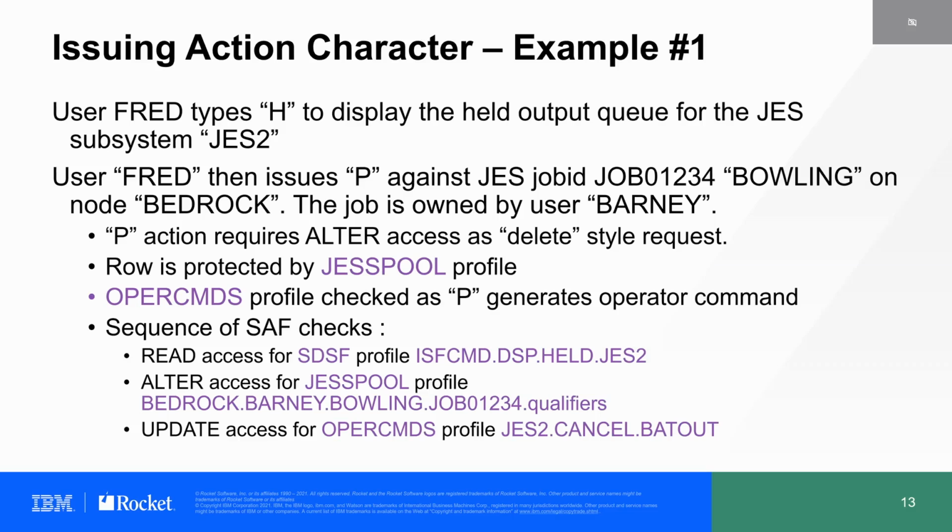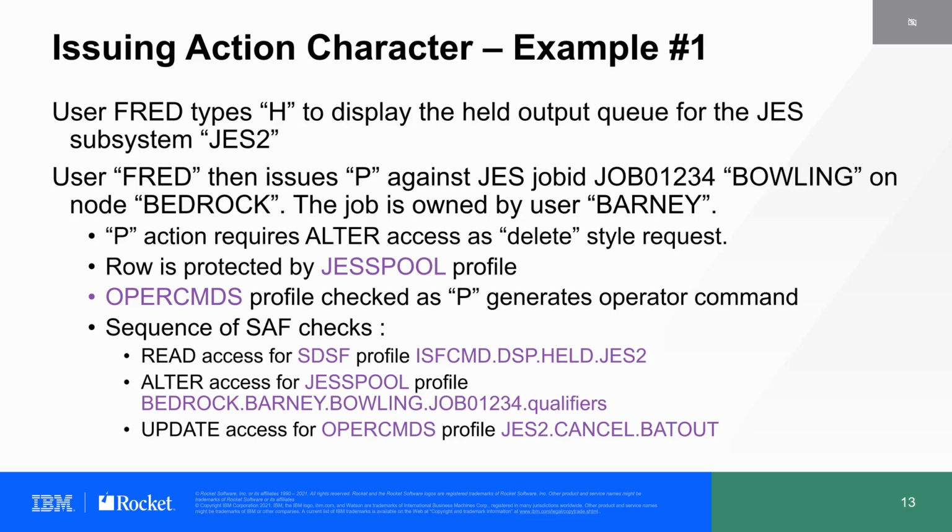So let's go through 3 examples of what happens when you issue an action character. So we've got this user ID called Fred, and he types H in SDSF to get to the held output queue for the JES2 subsystem called JES2. He then issues a P command against some JES job ID, and the job name is bowling on a node called the Bedrock.